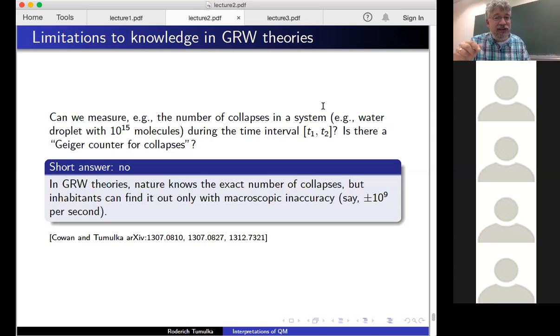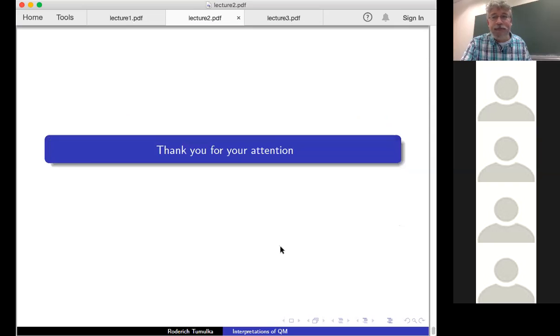In GRW theories, nature knows the exact number of collapses, but inhabitants of the GRW universe can find it out only with macroscopic inaccuracy, let's say plus or minus 10 to the 9 collapses per second. So in these papers here, the analysis is done in detail.